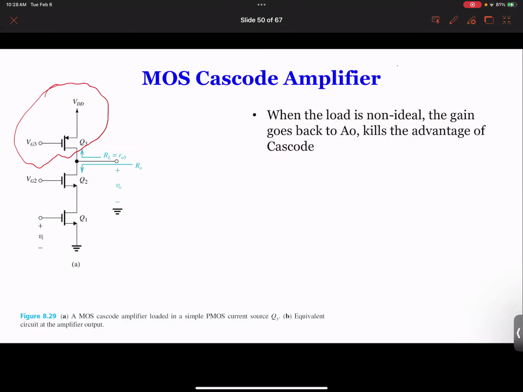So for the current source, we often have the circuit operate with the drain.